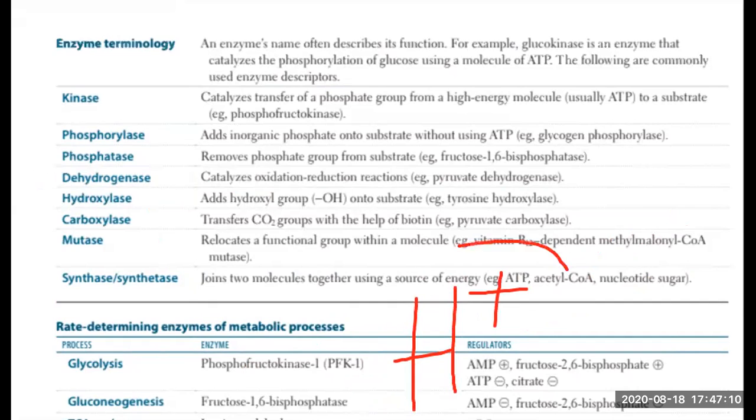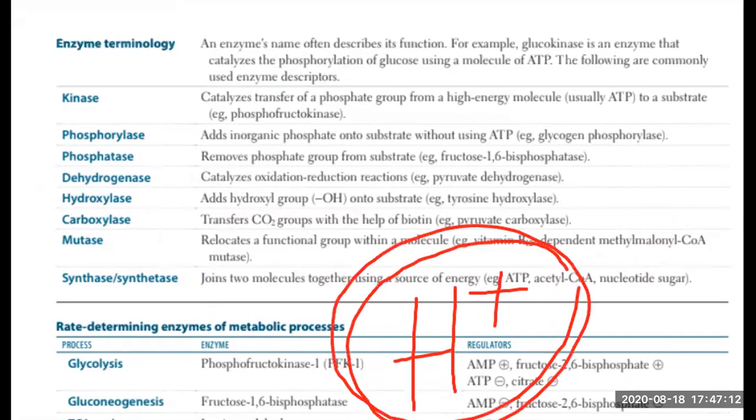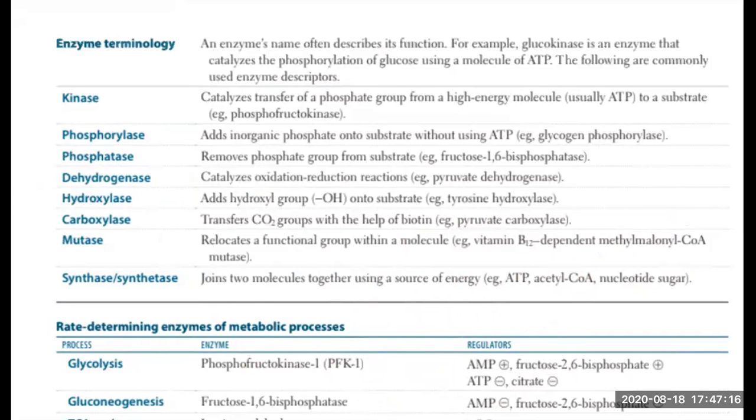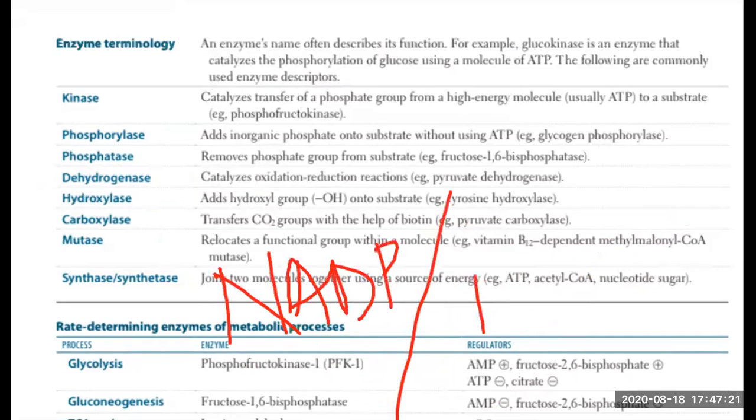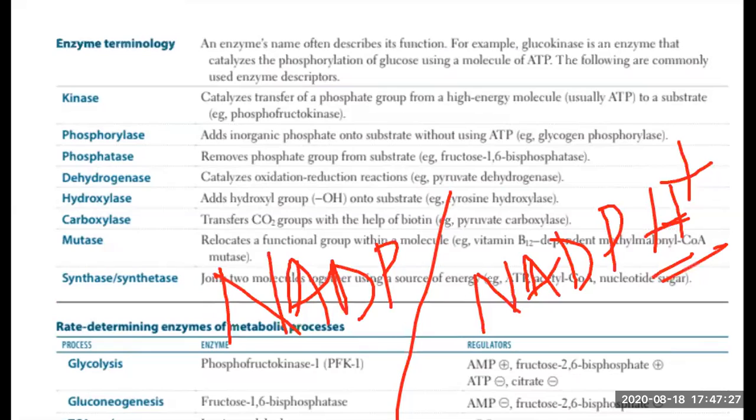Okay, so this is a proton, H positive. So whenever you see the name dehydrogenase, you will see NADP, you will see NADPH. When you are gaining, you have this. When you are losing, you have this. Simple concept. Don't mix anything.